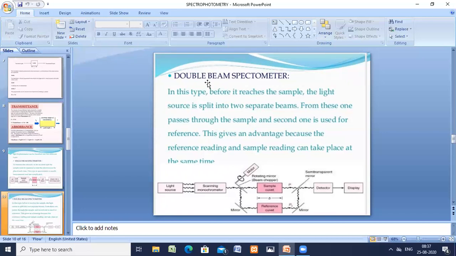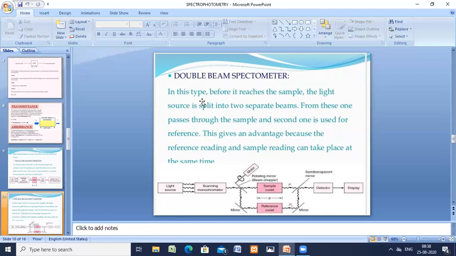In this double beam spectrophotometer, when the light reaches the sample, the light source is split into two beams. One passes to the sample and the other passes to the reference.